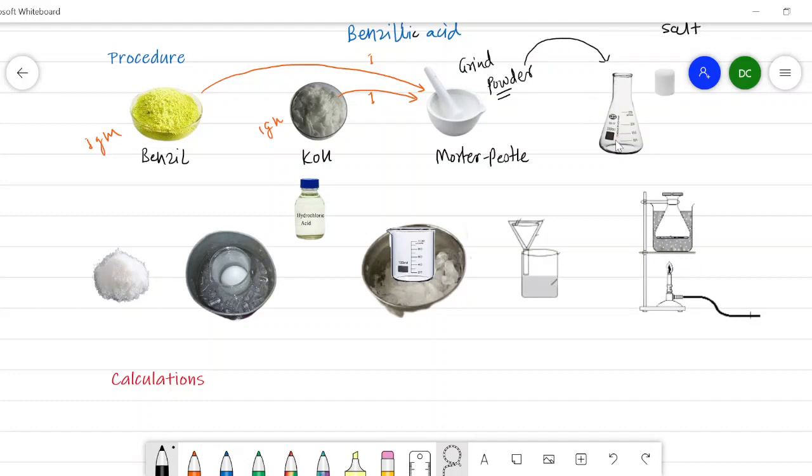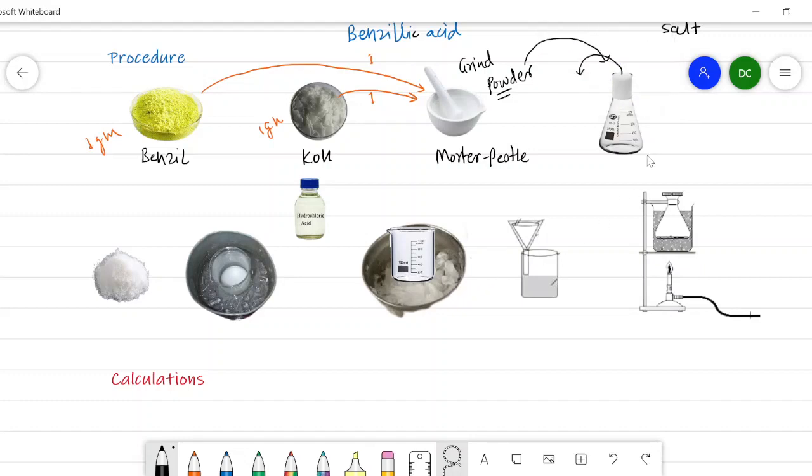A cotton plug is attached to the conical flask like this.